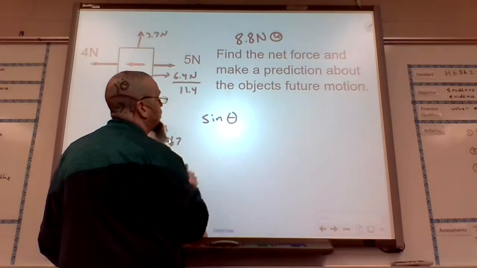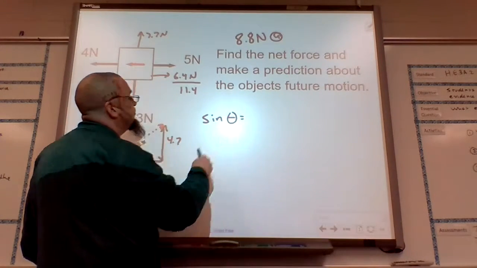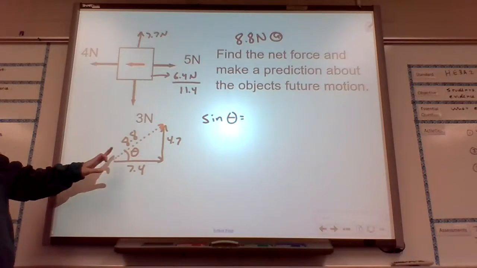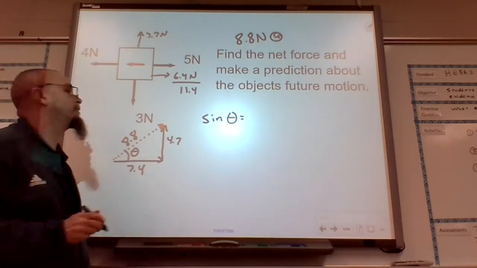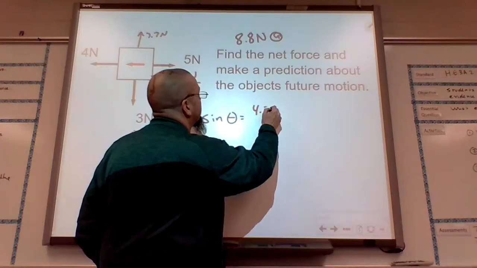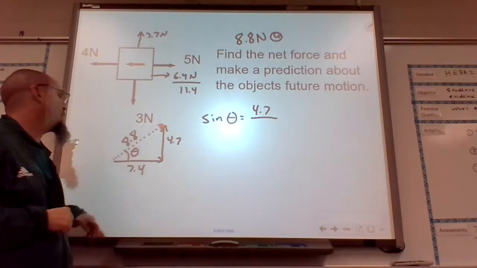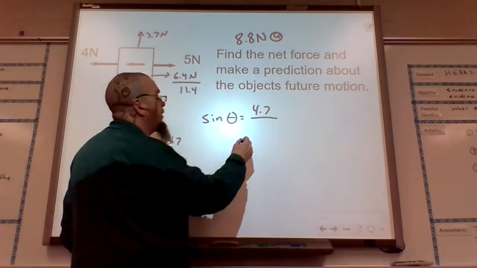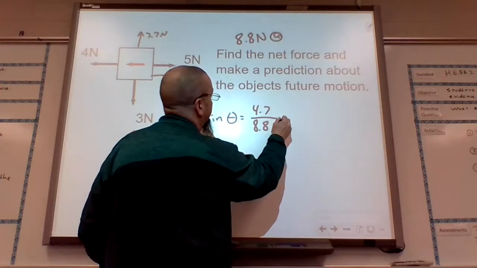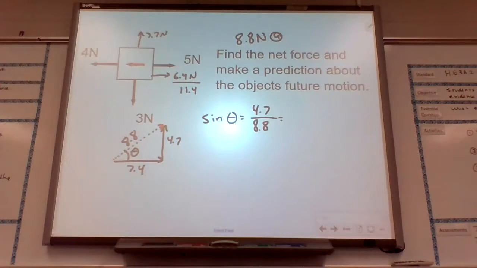It's opposite over hypotenuse. So the sine of this angle will be the opposite, which is 4.7, divided by the hypotenuse, which is 8.8. 4.7 divided by 8.8 is 0.5341.